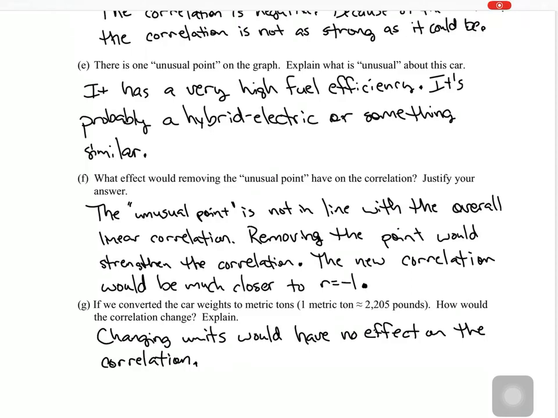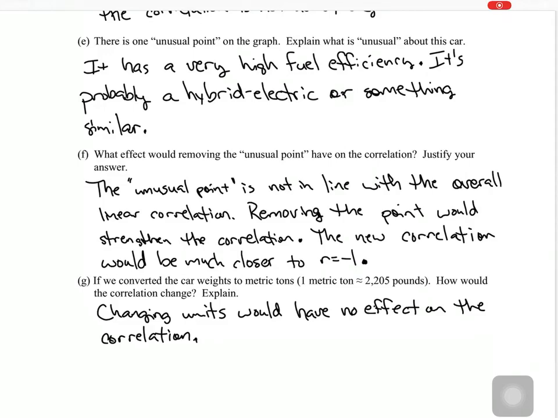Not that you have to go into this much detail, but the new correlation, if that point were taken away, would be much, much closer to a -1, right? It wouldn't be a -1 because that would suggest that all of the points are exactly on a line, but it would be a much, much stronger correlation if the unusual point was removed.